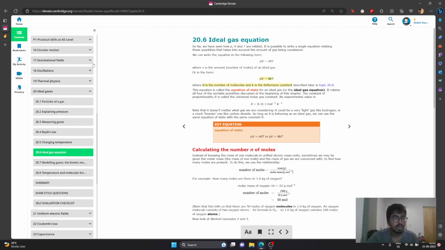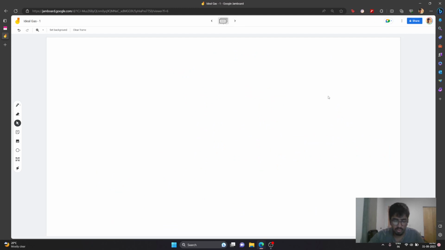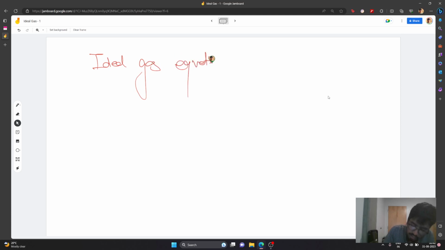Okay, and then we can start to combine all the equations. So the whole ideal gas equation, you know that it has this form PV equal to nRT. Again, this comes from the same thing as PV by T is some constant, and that constant we are now saying is equal to nR, where n is the number of moles.